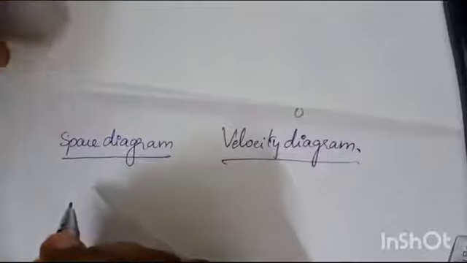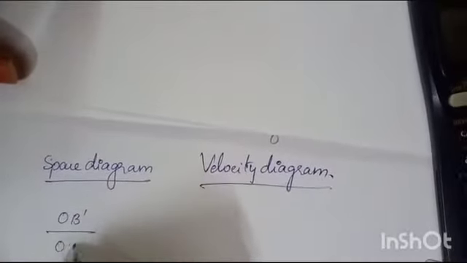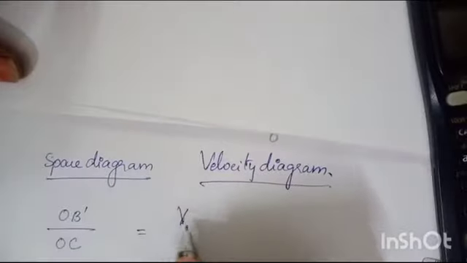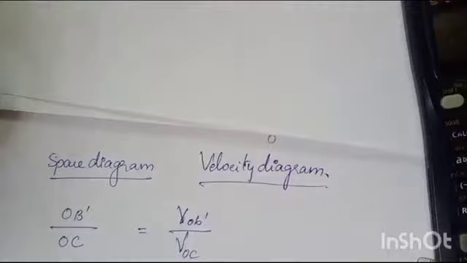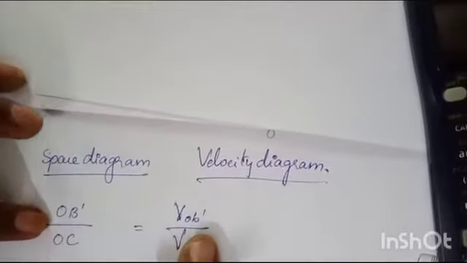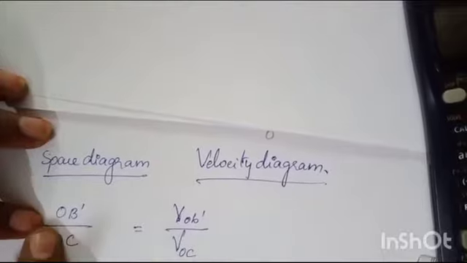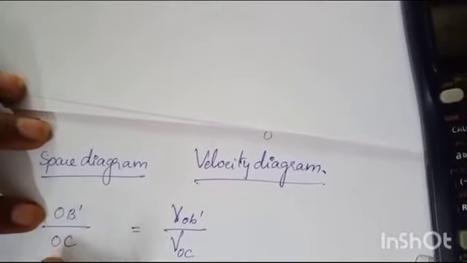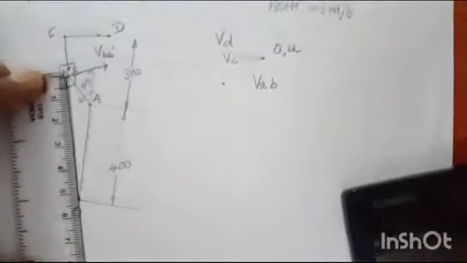In the space diagram, I can take the ratio OB dash by OC equal to VOB dash by VOC. So velocity of OB dash, that means the coincident point, with respect to the slotter, is equal to the distance between OB dash and OC. OB dash means this is the point I need to measure.